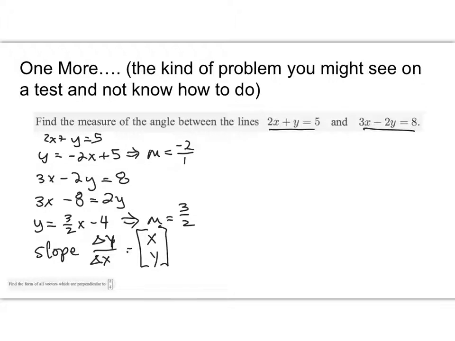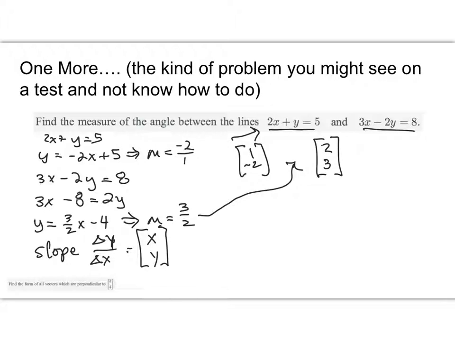So the first vector for this first line, we can write as 1 over negative 2. And then the second vector we can write as the change in x, which is 2, over the change in y, which is 3. So now I have two column vectors, and I can use all of the math I used before to find the angle between two lines.